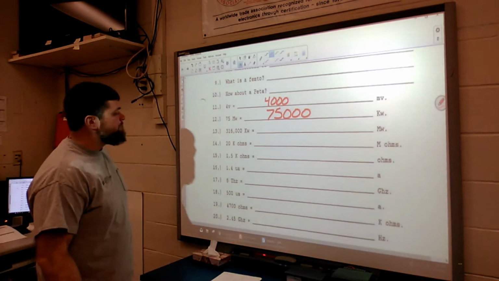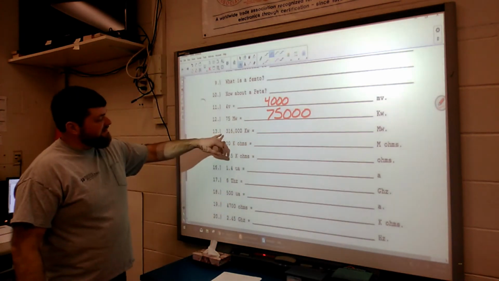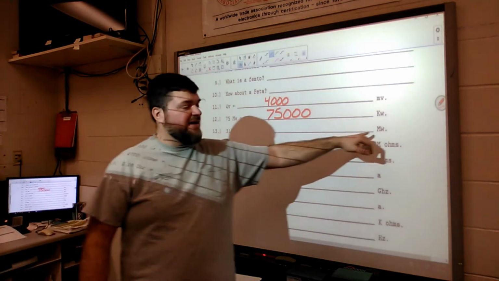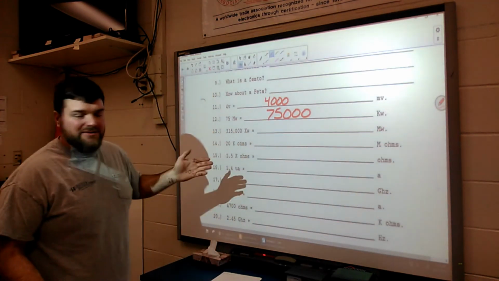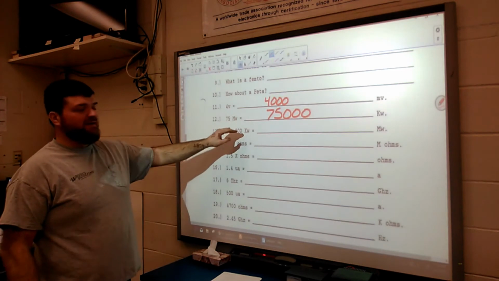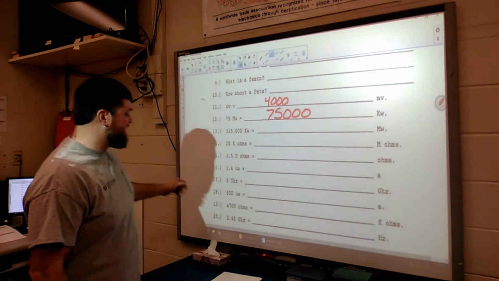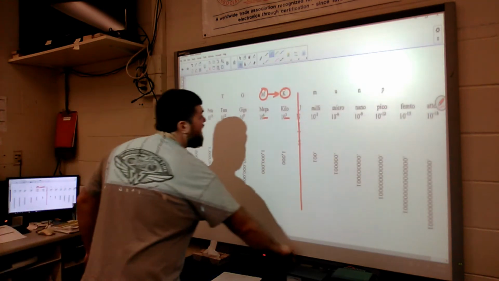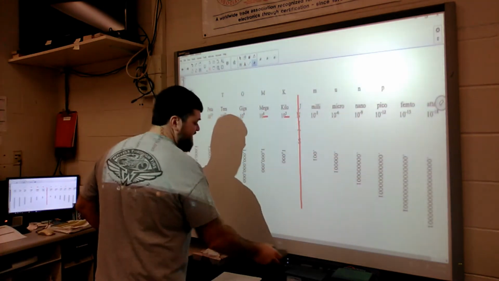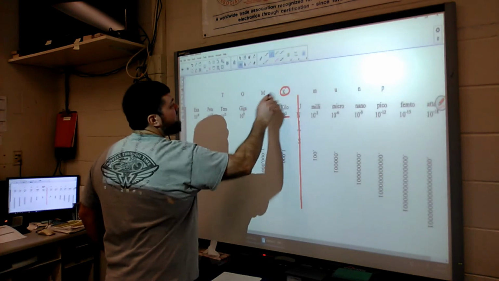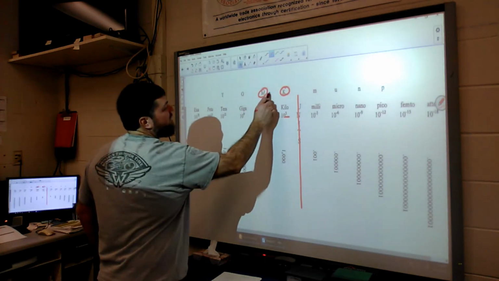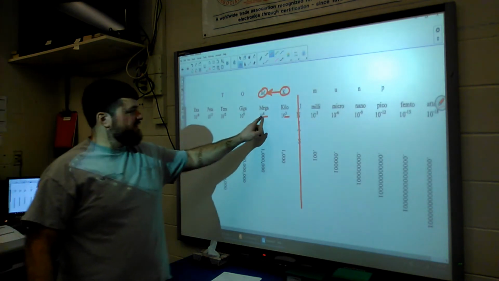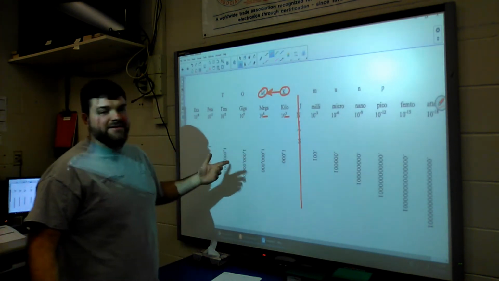Same thing. The next one down says 316,000 kilowatts equals how many megawatts? We're using kilo and mega again, but we're going from the smaller number to the larger. So we are still going between kilo and mega, but we are going the other direction now, from right to left. What's the difference between 6 and 3? 3 places.